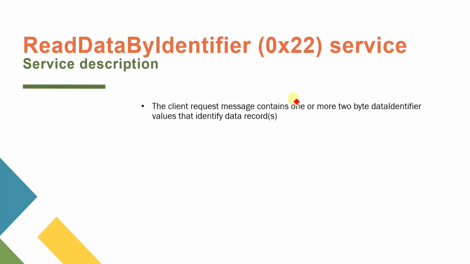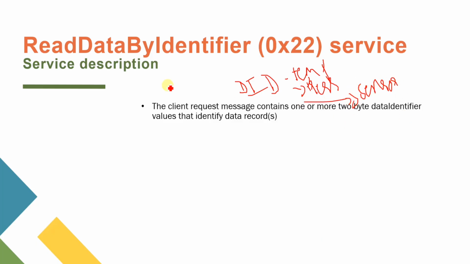Here, the data identifier, shortly called DID, is a term you will hear if you work in the diagnostics field. DID is a data identifier. We have many DIDs: one DID for temperature, one DID for pressure, and one DID for sensor values.